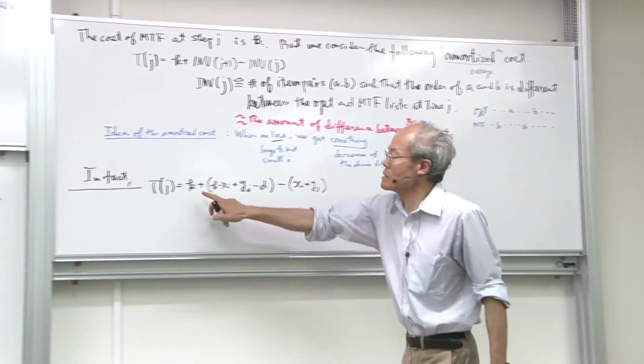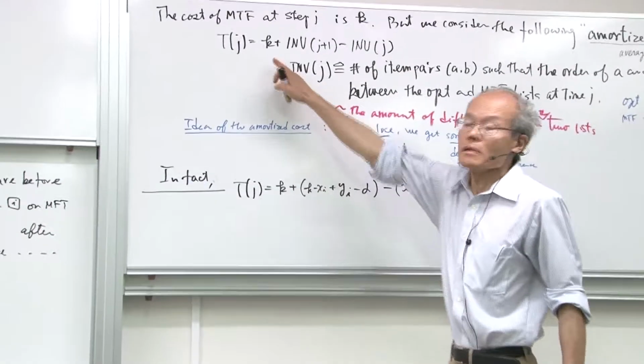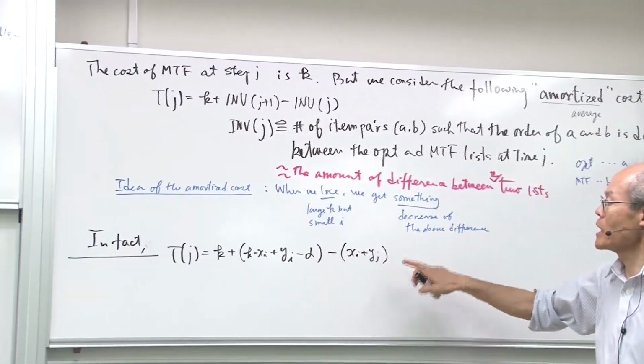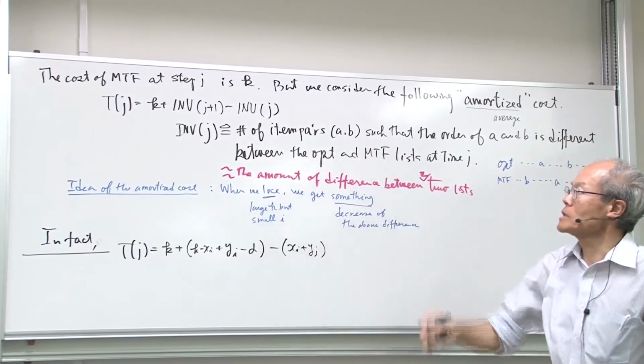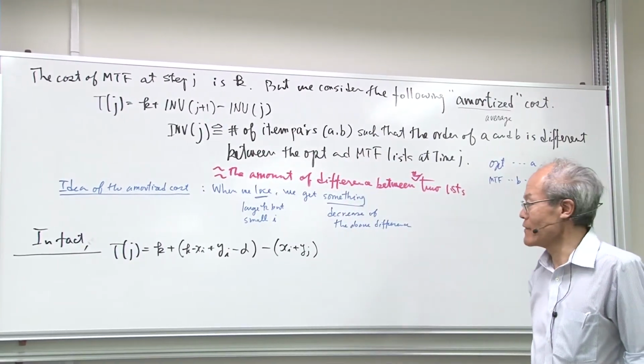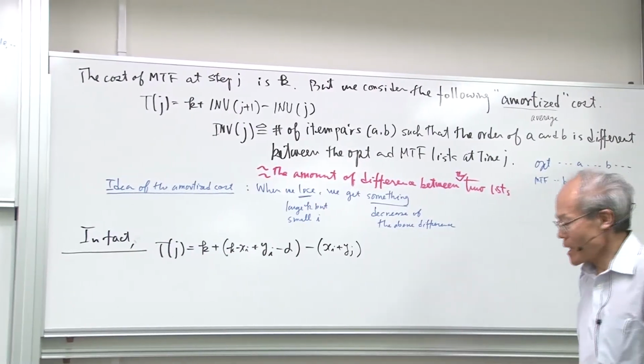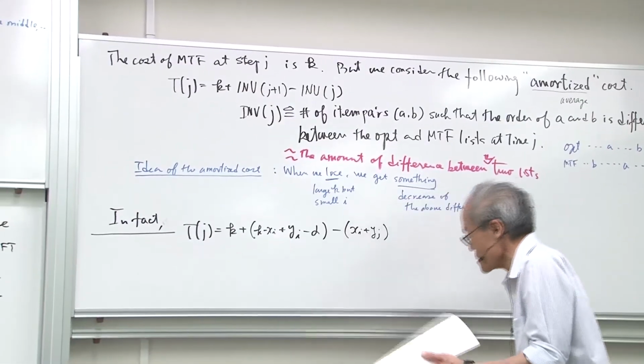This first K is, of course, this guy. The second one is inverse j plus 1, and the third one is inverse j. Why this and this? The important thing is that we can count.